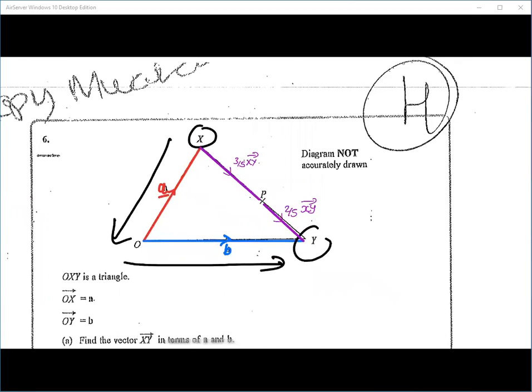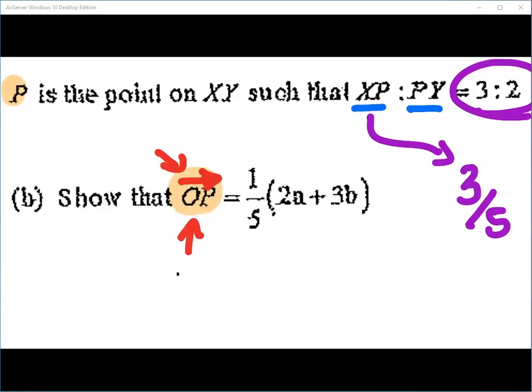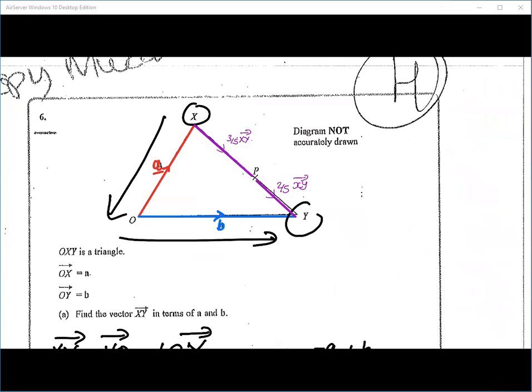Fantastic, lovely. Now, what do they want us to work out for this one? Show OP. So we're going to work out OP, O to P.